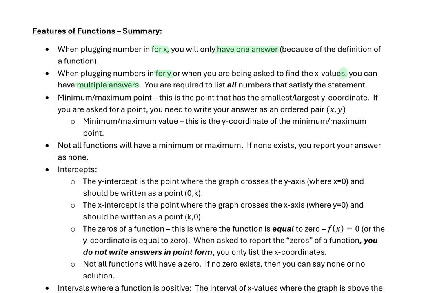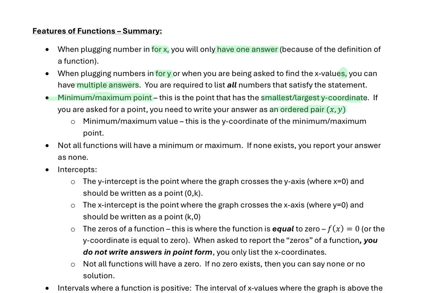In this section, we also talked about minimum and maximum points. And remember, this is the point that has the smallest or largest y-coordinate. If we are asked for a point, you do need to write your answer as an ordered pair, x, y.